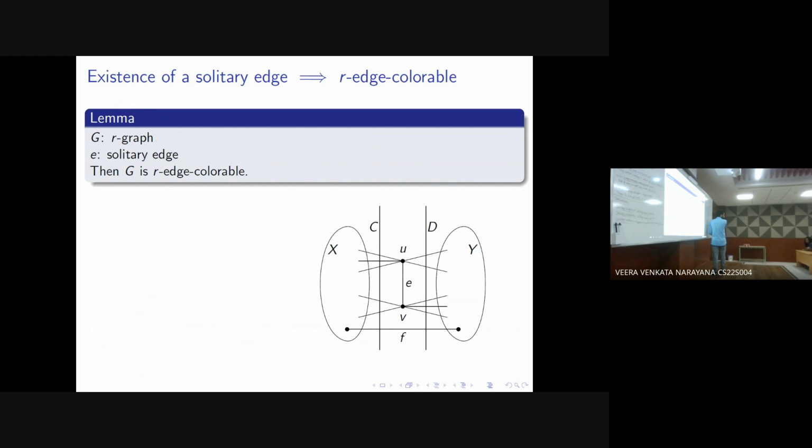This is also r-regular. So the number of edges going outside from here other than this edge is r minus 1, and for this also r minus 1. To make it at least r, here we have only 2 times r minus 1. So it should be r.